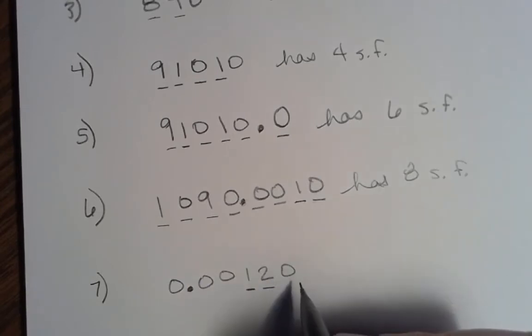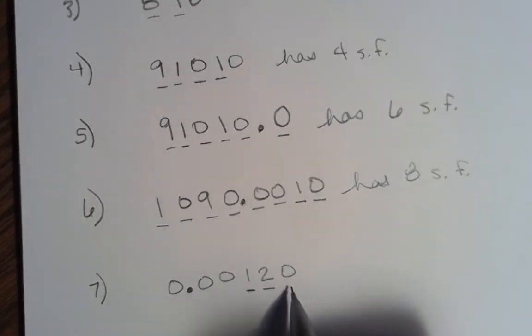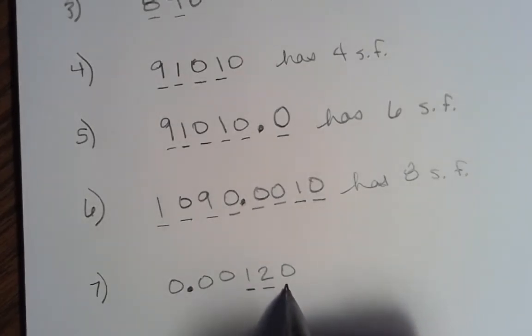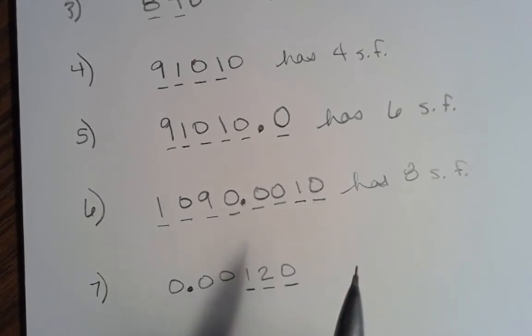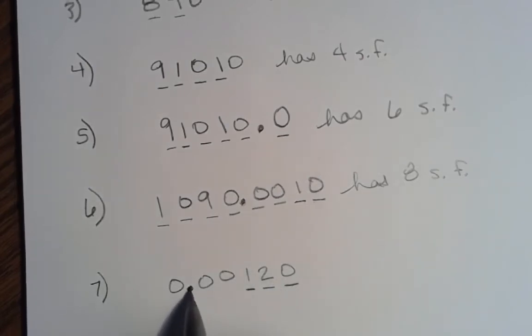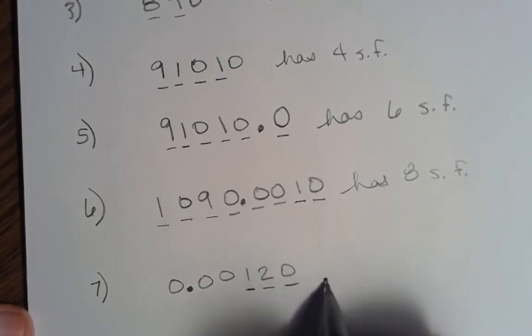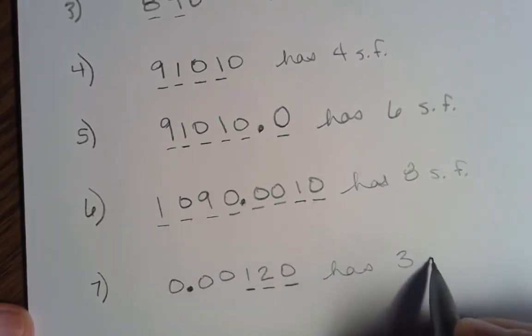This ending 0 is saying that we're totally sure that it is exactly 0.00120. Like it is exactly that amount. That's what that 0 is doing there. In math class that wouldn't matter, but here, because it's an ending 0 after a decimal, it is significant. This number has 3 sig figs.